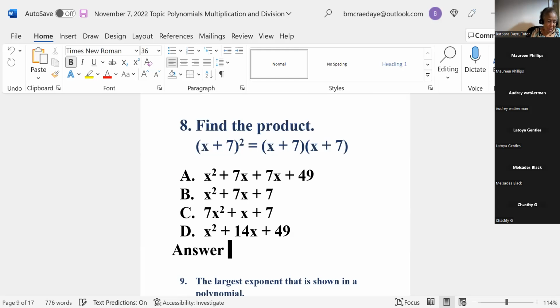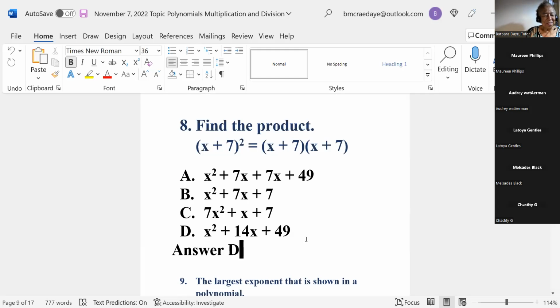Anybody want to ask Chastity how she got it? Do you know how she got D, Mercedes?